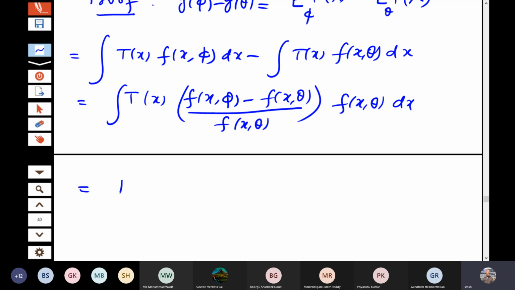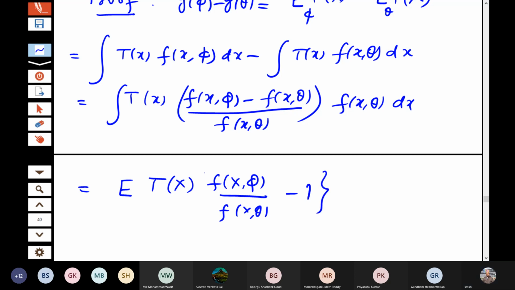So this is nothing but the expectation of T(X) times the term f_X(x; phi) by f_X(x; theta) minus 1.